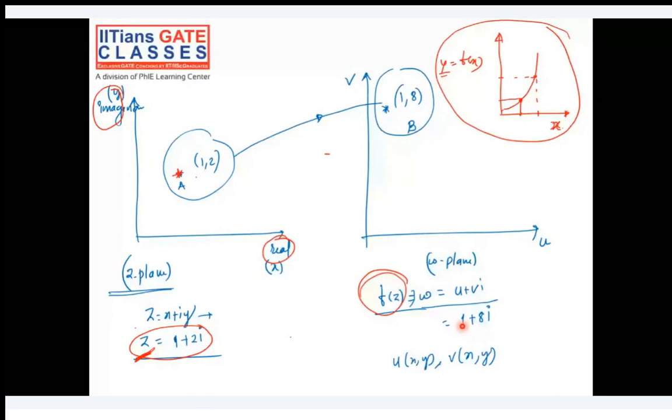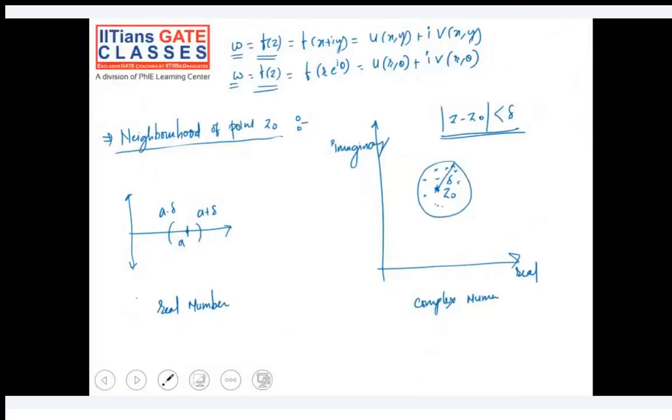One last theoretical point about the basics of complex numbers is the neighborhood of a point z0. If you remember the limit chapter of calculus, we said limit x tends to a from the positive side or from the negative side.